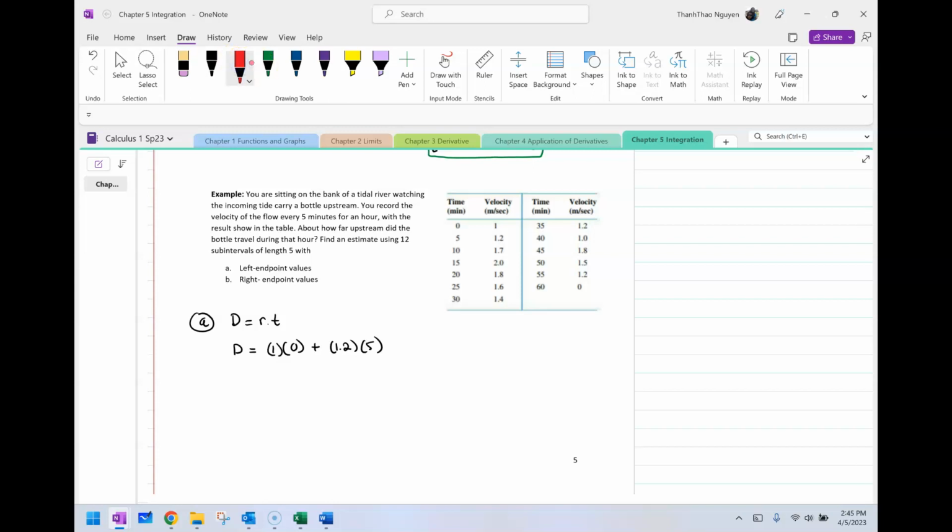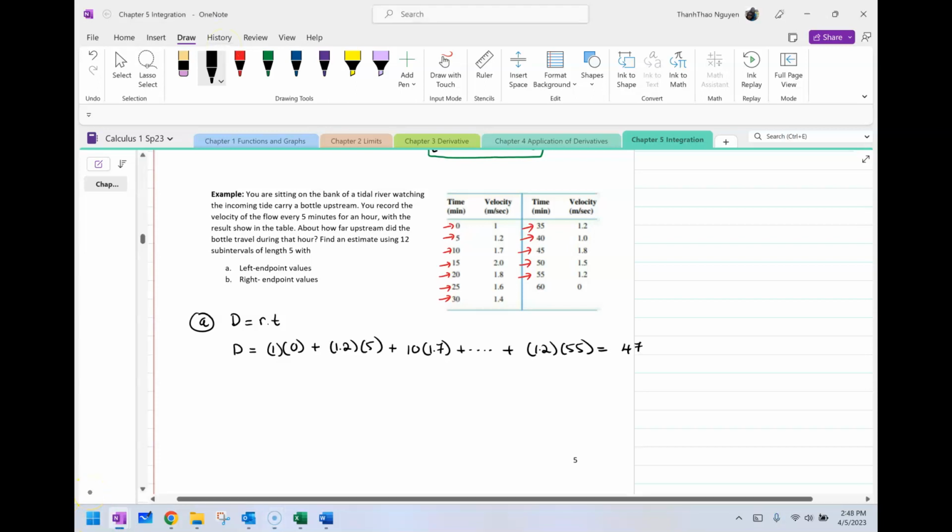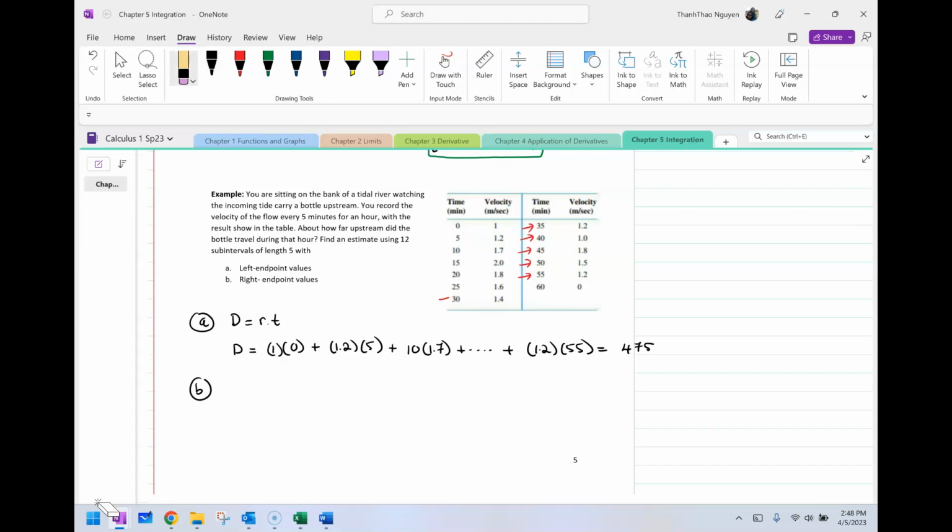So then we look at 0, 5, 10, 15, 20, 25, 30, 35, 40, 45. So these are our left endpoints. So far, so on, plus 1.2 times 55. And this is telling us that the distance is equal to 475.